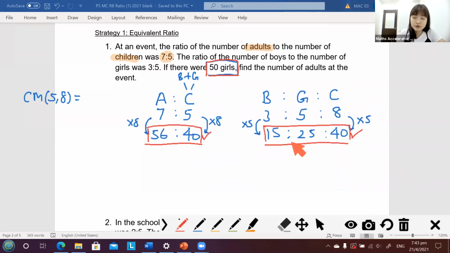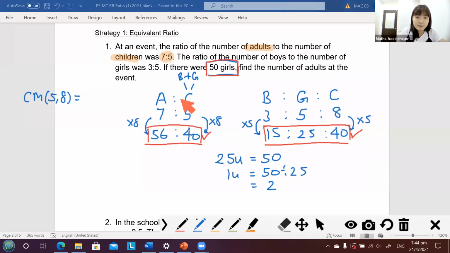So if girls is 25 units, what's your 1 unit? 50 divided by 25, yes, which is 2, correct. 1 unit is 2. So if you want adults, how many units? 7 or 56?